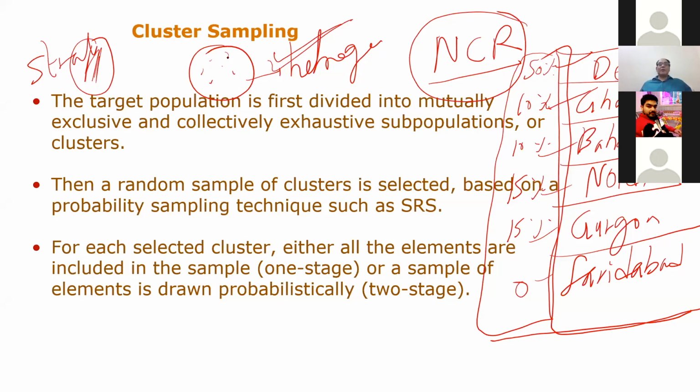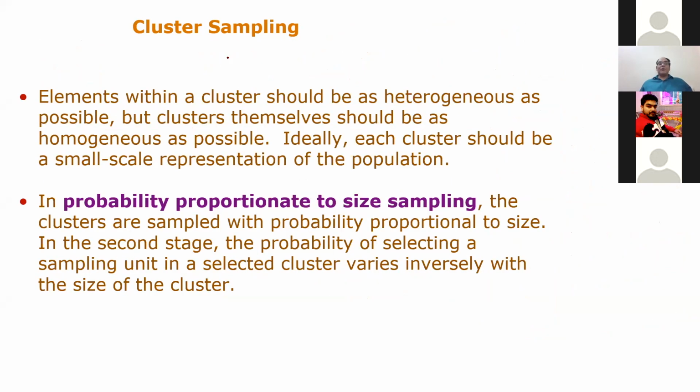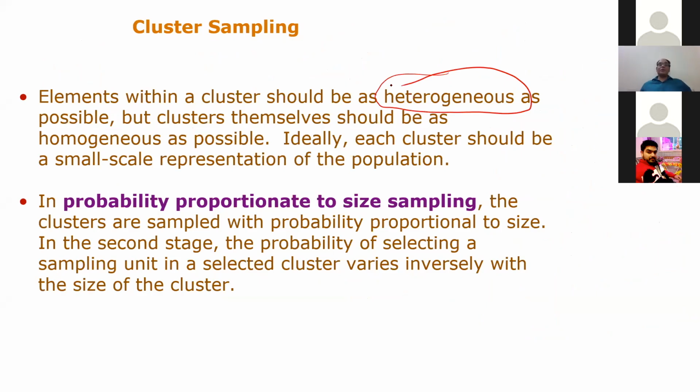After understanding cluster sampling and stratified sampling, I am also answering the question people normally ask me when I take the lecture: what is the difference between stratified sampling and cluster sampling? Stratified sampling is homogeneous subgroup sampling, and cluster sampling is heterogeneous subgroup sampling, because within a cluster there is heterogeneity, but within strata there is homogeneity.